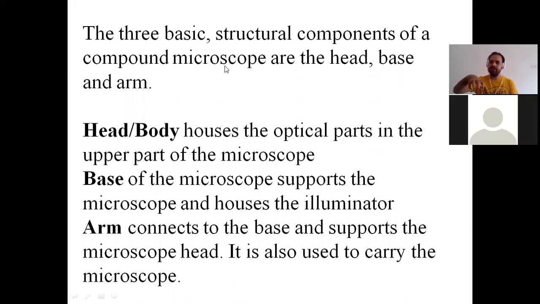So whenever you are holding it from the arm side and picking it up from the surface, at the same time you put your other hand under the base of that microscope for safety reasons, because even if you slip or accidentally lose your grip, there should be a support.